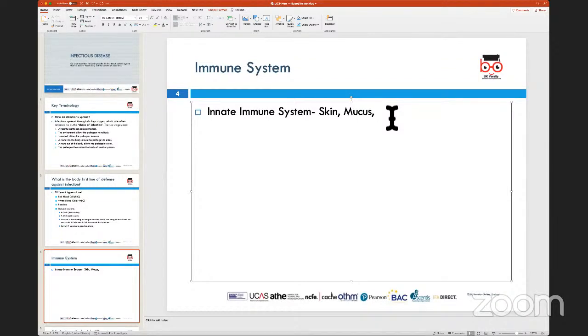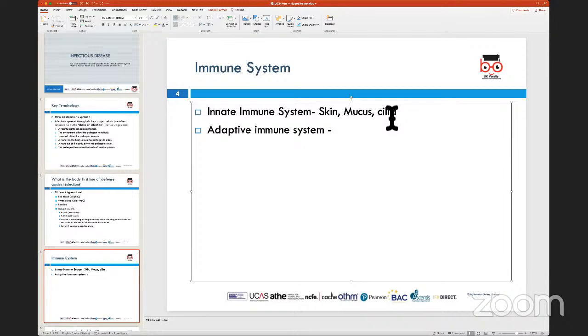And that is where I would essentially say that these tend to be innate immune mechanisms or systems present in the body. Then we also talk about what is called the adaptive immune system. Now, what is the adaptive immune system? Adaptive immune system comes into play when we do see the innate defenses being breached.